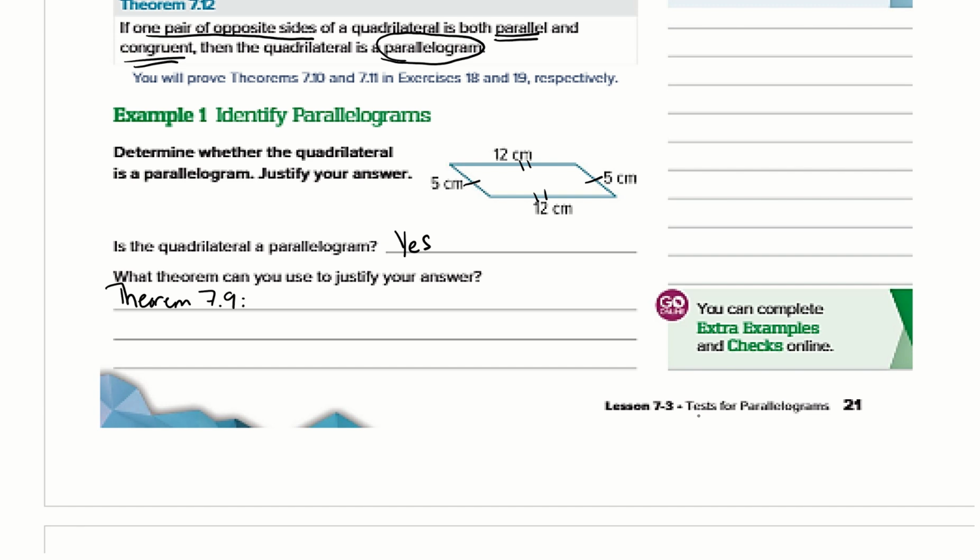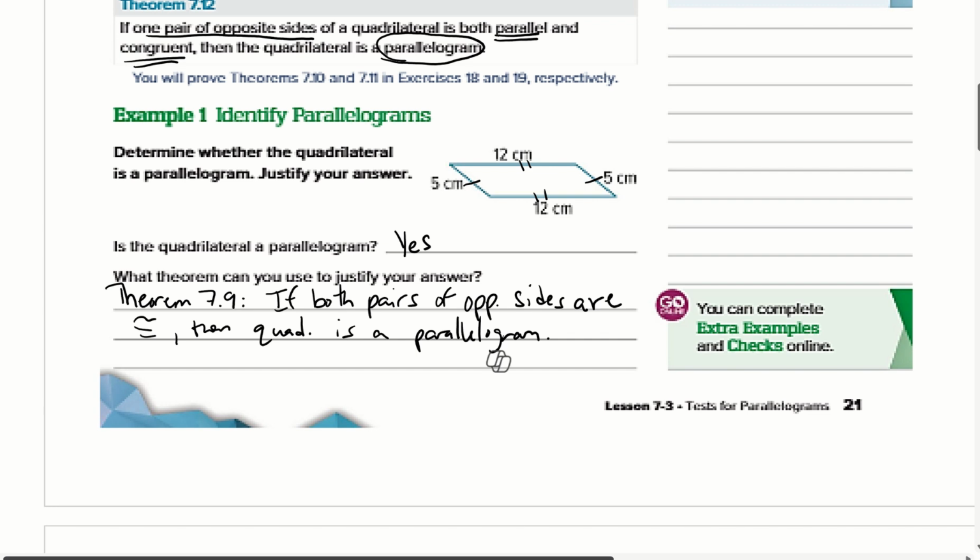Theorem 7.9 states if both pairs of opposite sides are congruent, then the quadrilateral is a parallelogram.